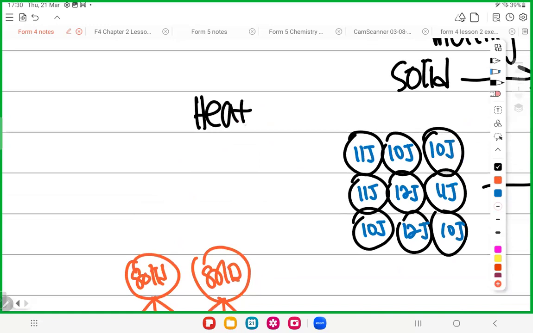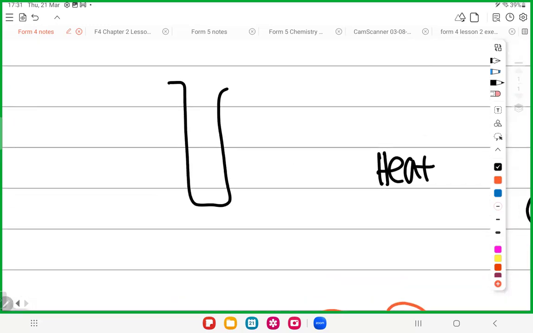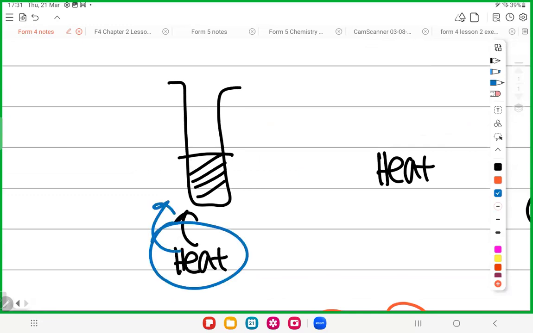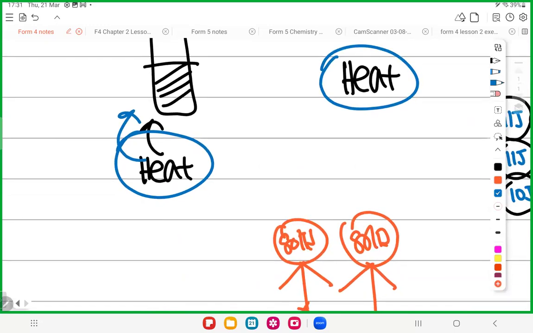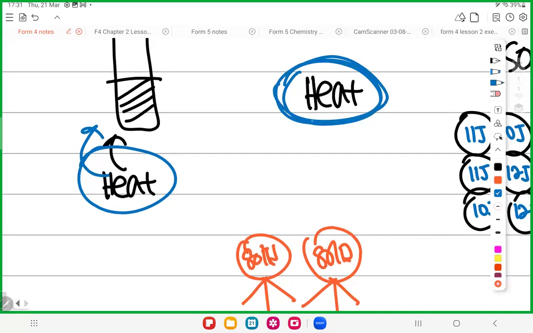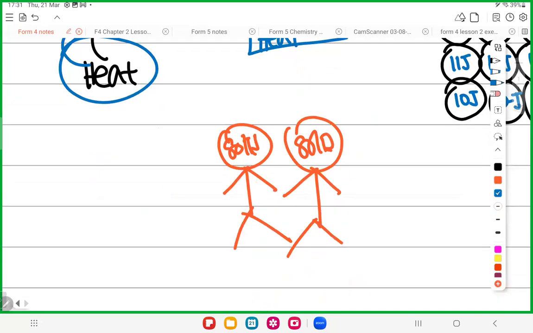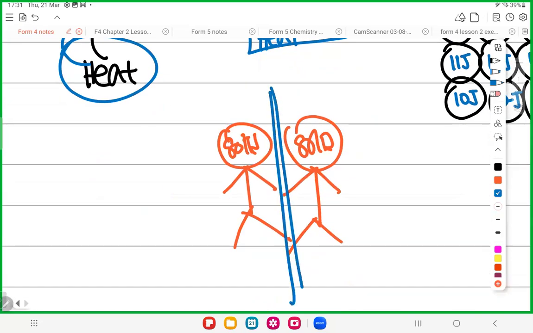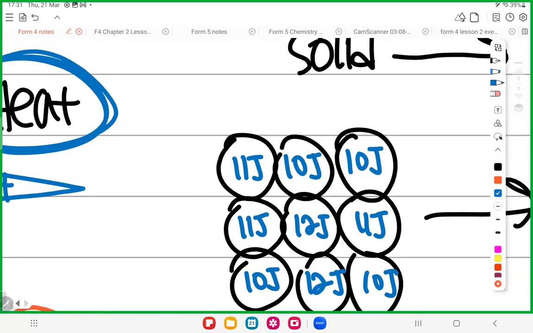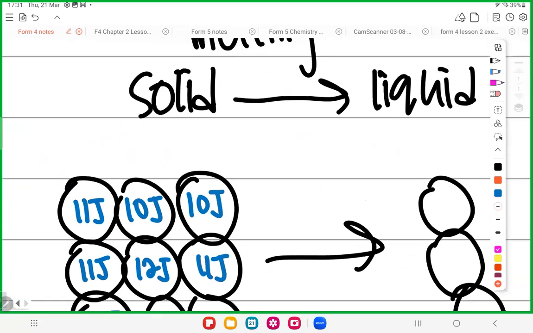Because when we want to melt a solid, the heat you absorb can help you. Why? You can use this heat as a knife. You use the heat as a knife to cut them apart. Imagine now I want to do melting.